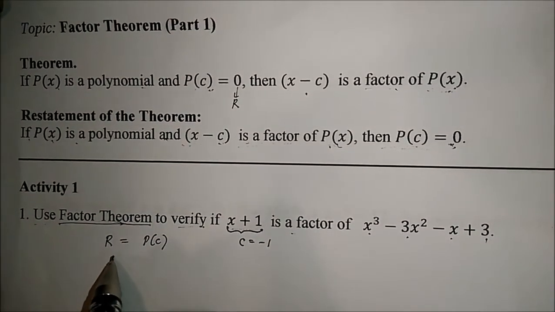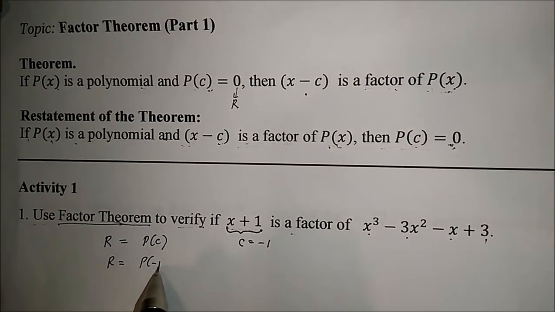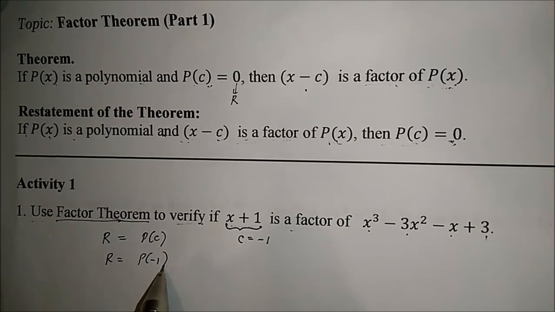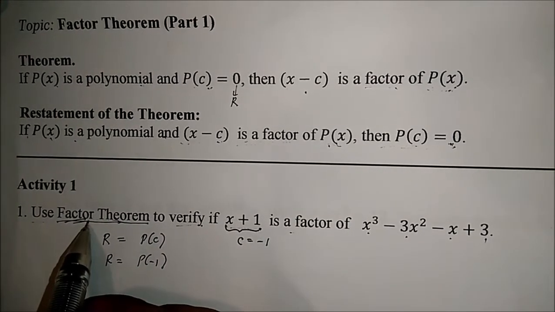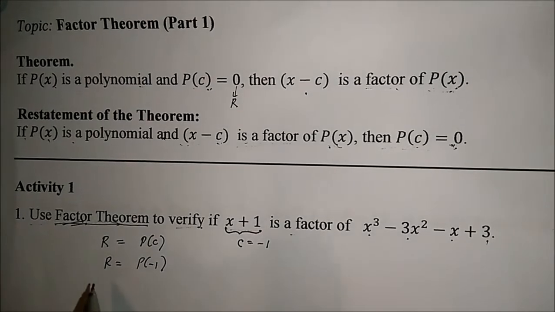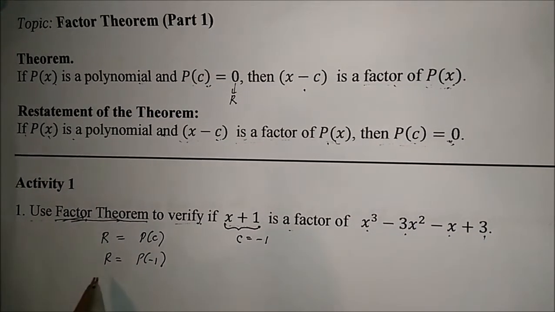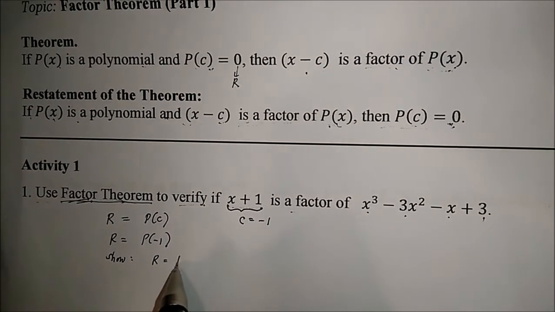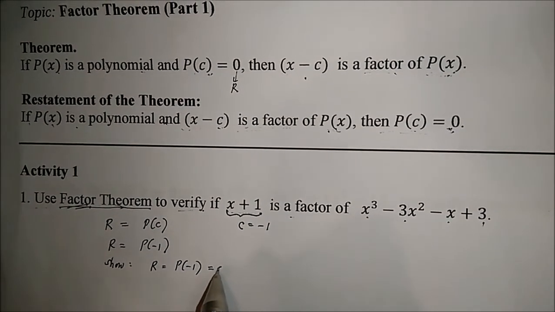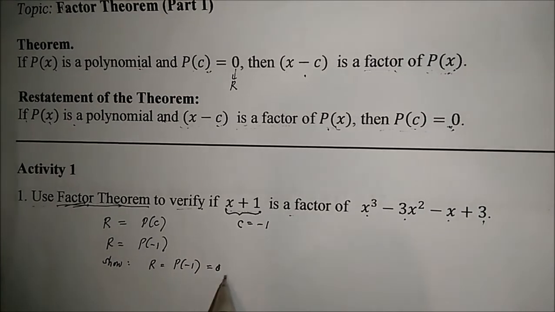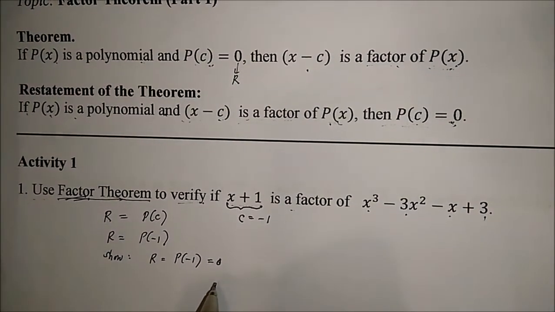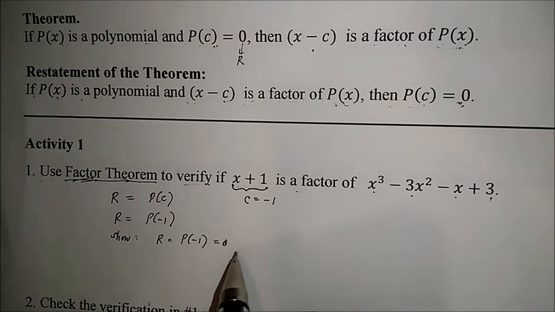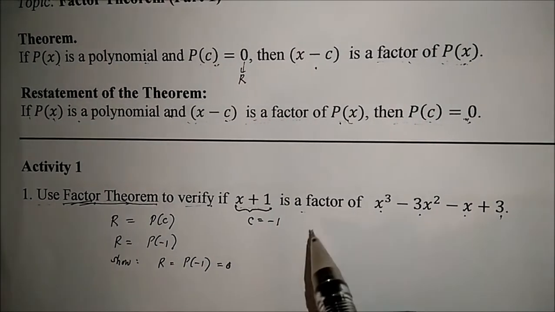That means the remainder is equal to p of negative 1. To check if it is a factor, dapat si r ay equal to 0. So we need to show that r equals p of negative 1 is equal to 0. Pag hindi 0, hindi factor.